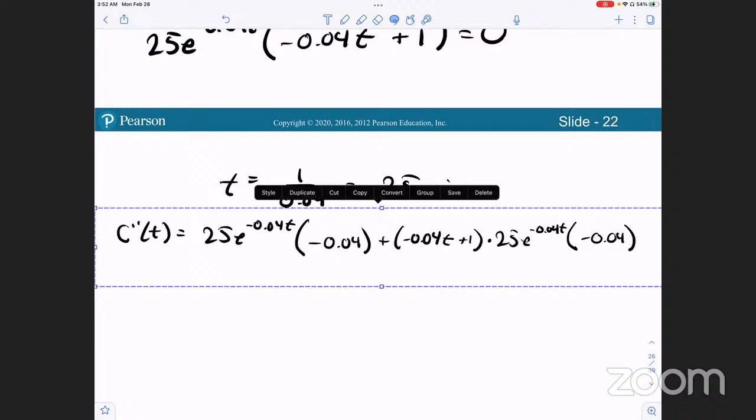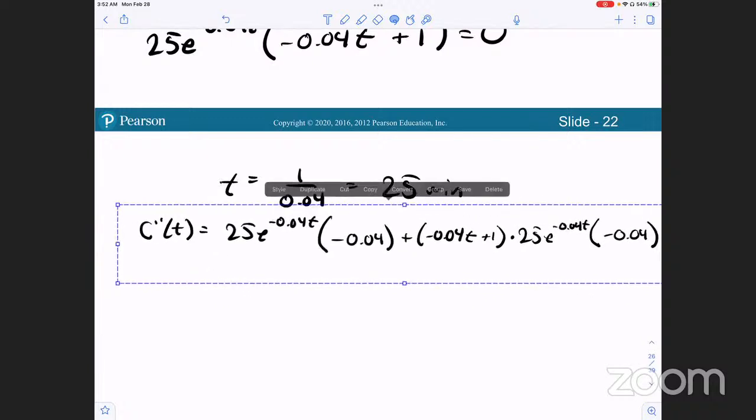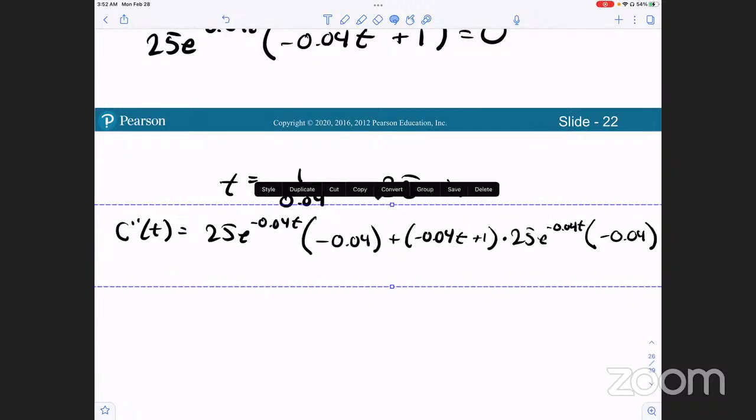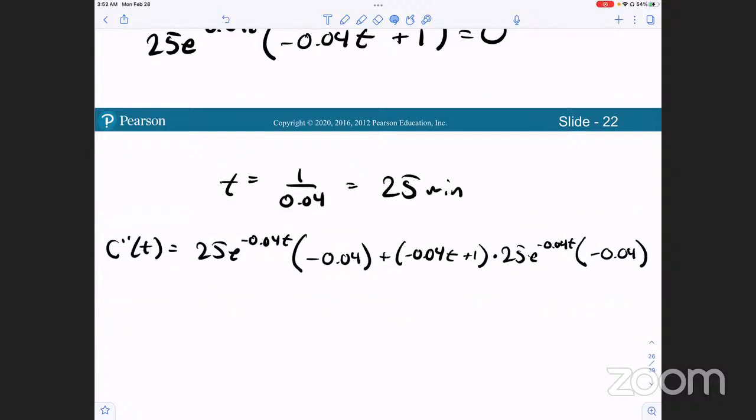We want to evaluate by plugging 25 in. I'm not going to crunch the numbers, I'm just going to use some shorthand.